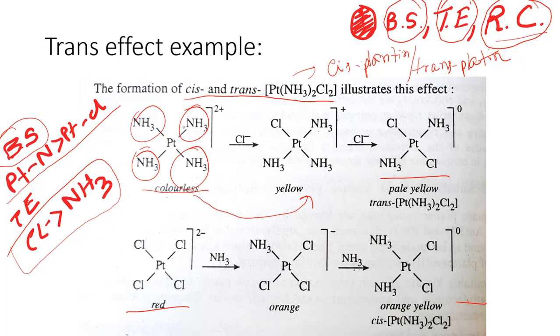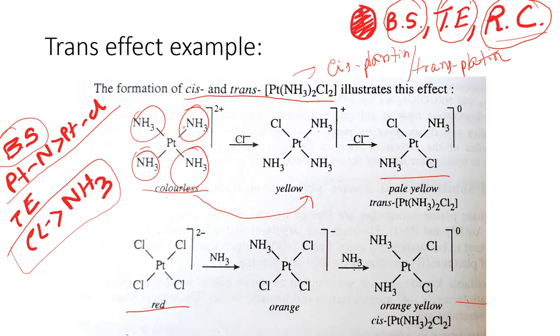So you can easily calculate the bond strength order, and the trans effect order you can either remember through the series, or you can just have an idea through the sigma effect and through the sigma donating nature, or through the pi accepting nature of the ligands, which we have already discussed in our last slides.